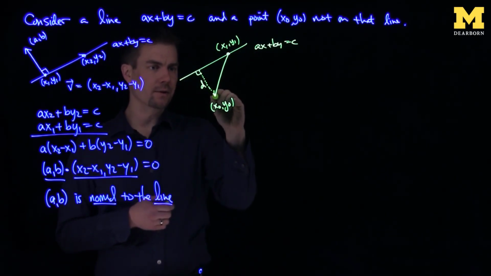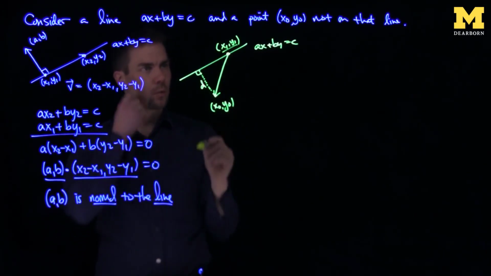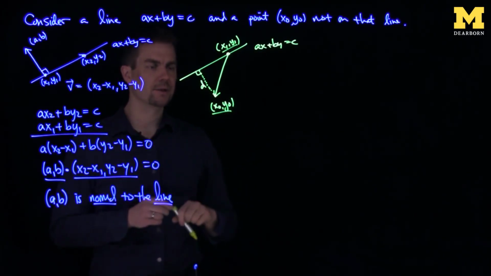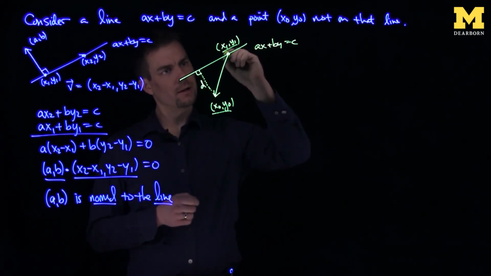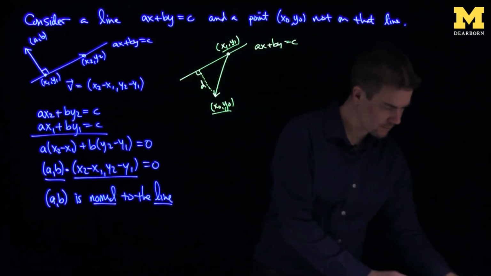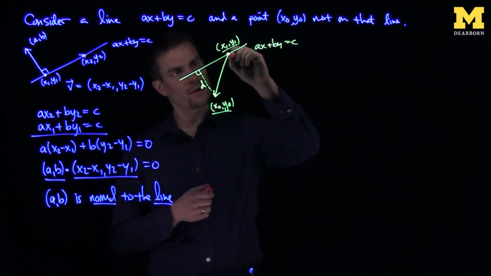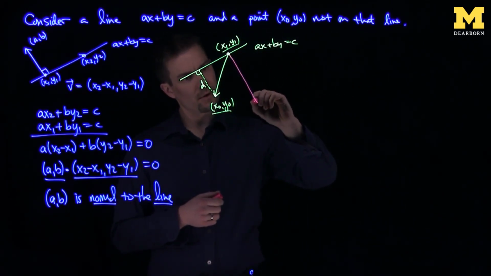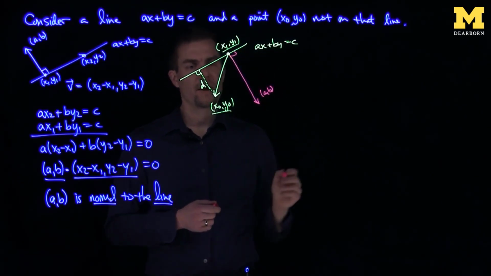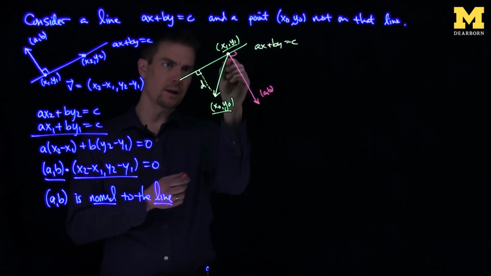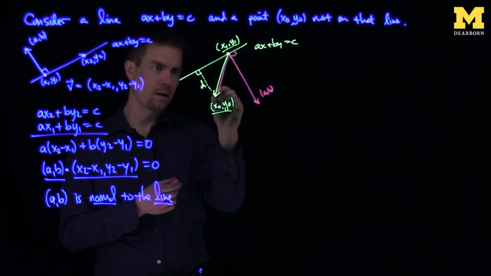And I'll look at this vector over here from x1, y1 to x0, y0. And then I'm going to draw this vector over here, the perpendicular vector. This is my perpendicular vector, that's my normal AB. And what I'm going to do is take this vector over here, let's call that vector w.